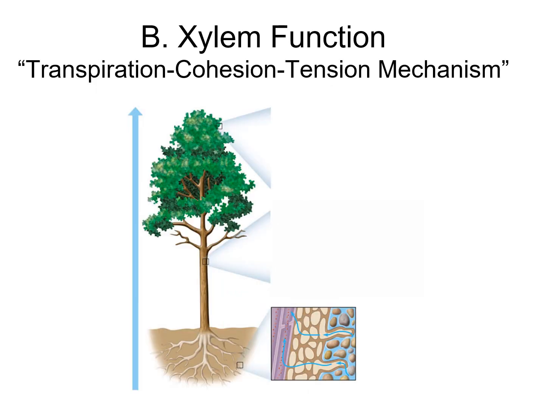So the remainder of this presentation is going to focus on how xylem works. How can a plant transport water up from roots to leaves if plants don't have a pump? Right? We have a heart. Our heart beats to circulate our blood.